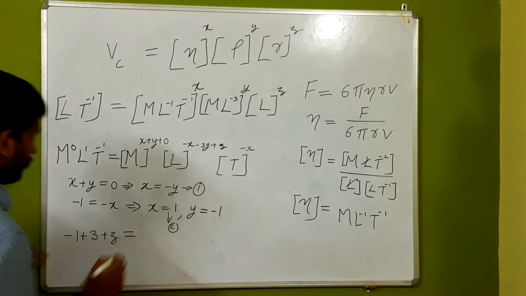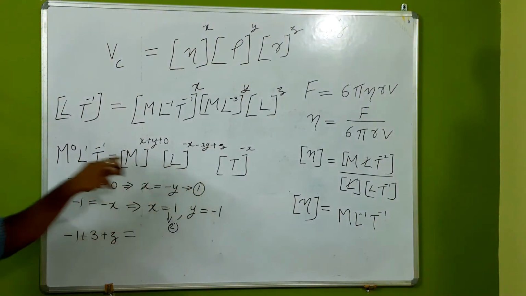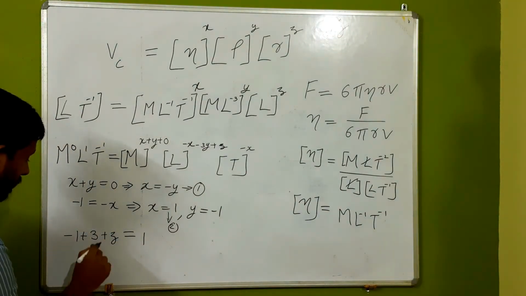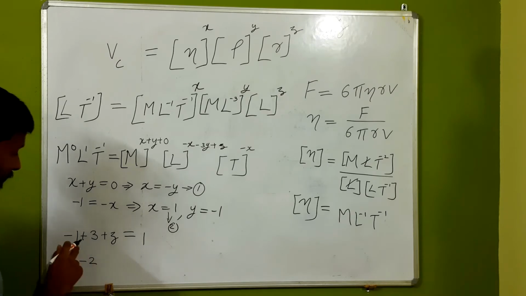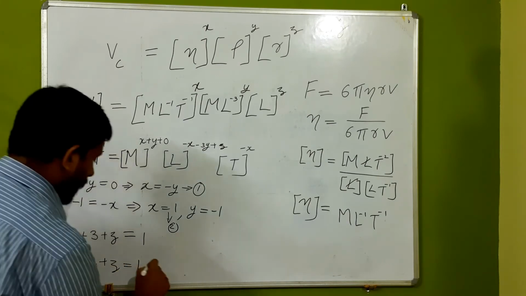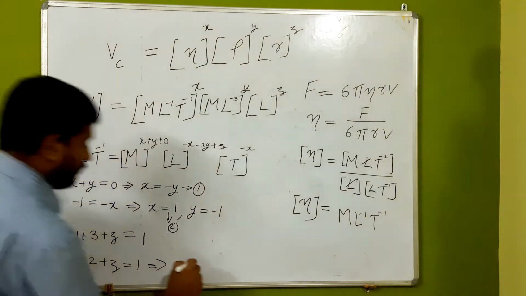This is equal to 1. Therefore we have plus 2 plus z is equal to 1, and z is equal to minus 1.